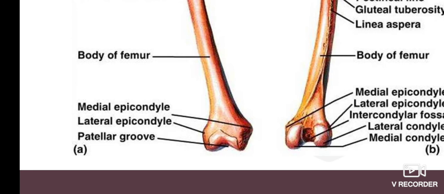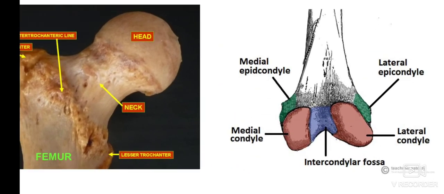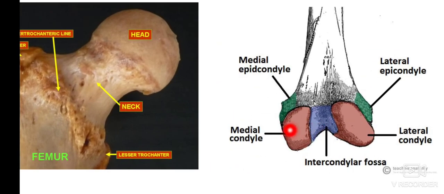Tibia is the next bone that comes lower to the femur. So, condyles of the femur articulate with the condyles of the tibia to form the knee joint along with the patella. Patella, condyles of the tibia, condyles of the femur together form the knee joint. So, the lower end consists of a medial condyle, lateral condyle.